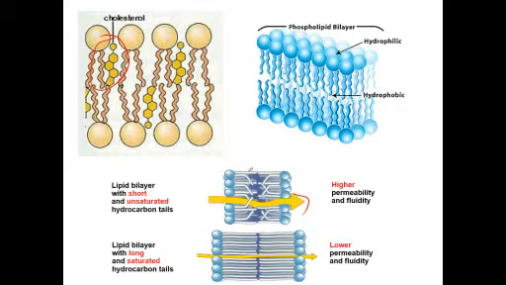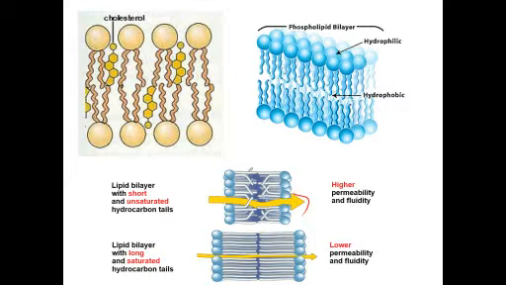Your steroids are also amphipathic, in that one portion of the molecule is polar, and the other portion is nonpolar. The cholesterol helps to maintain the fluidity of the membrane.